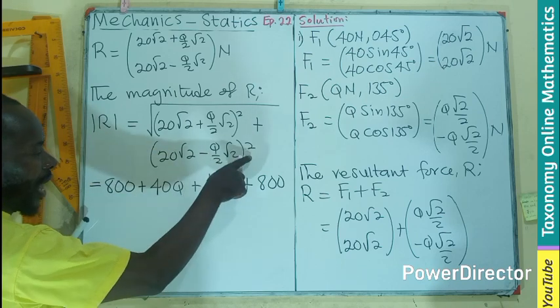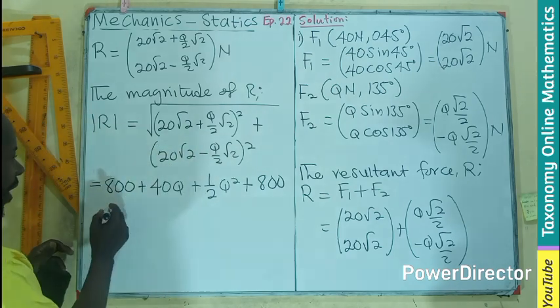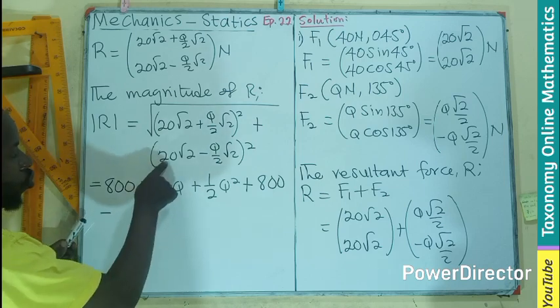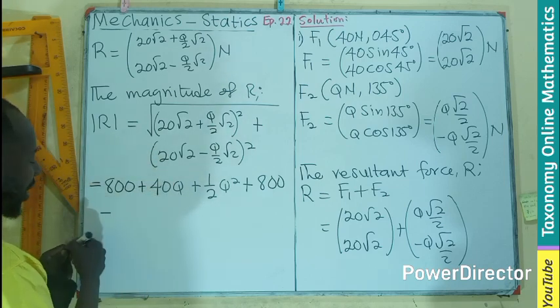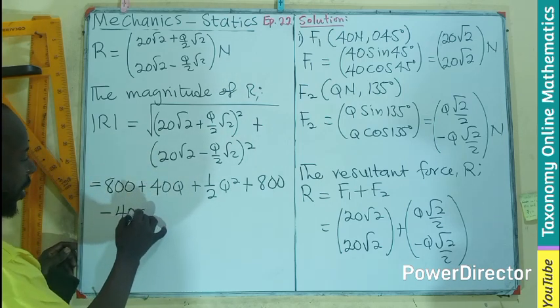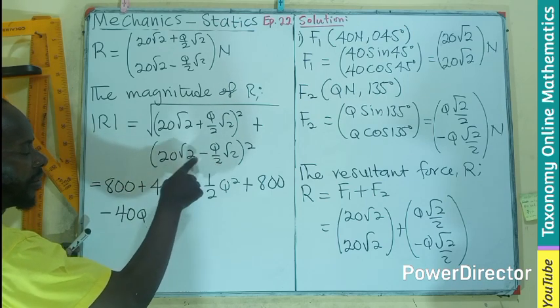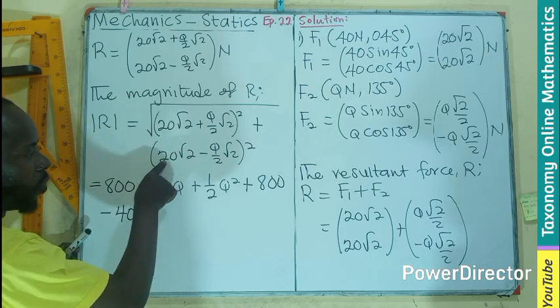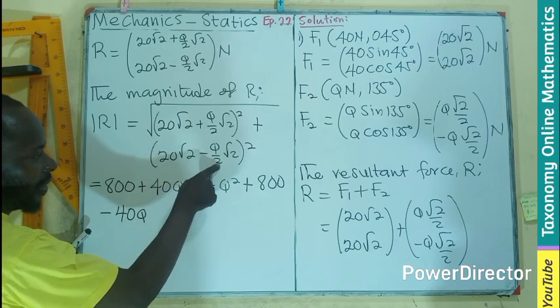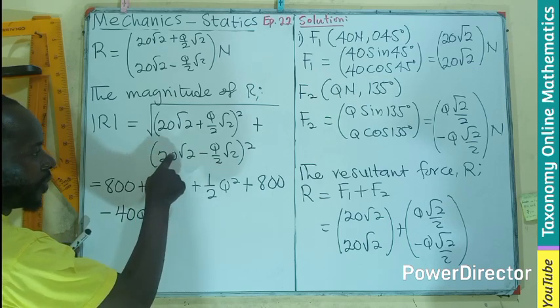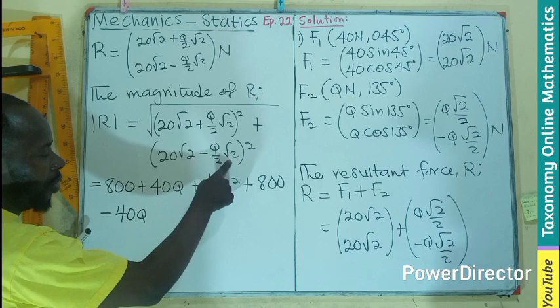This time, if I multiply by 2, the negative will take effect. So minus 2 times this, just like we have here, that will give you 40Q. If you multiply this times this, it will give you 10Q. This and this will be giving you what?